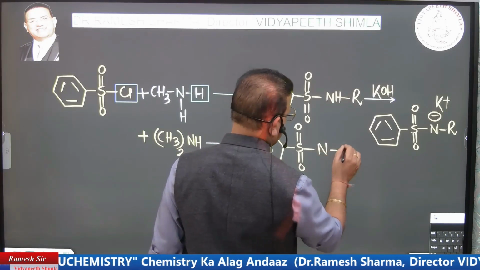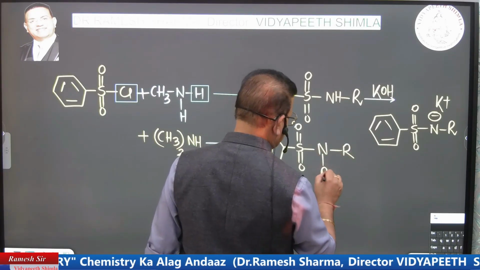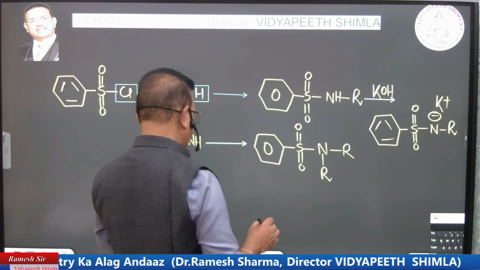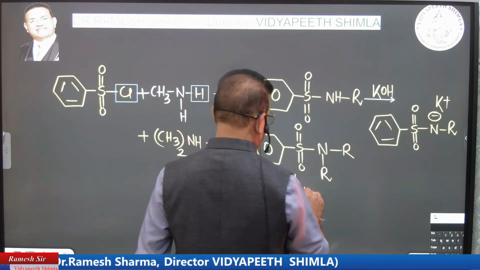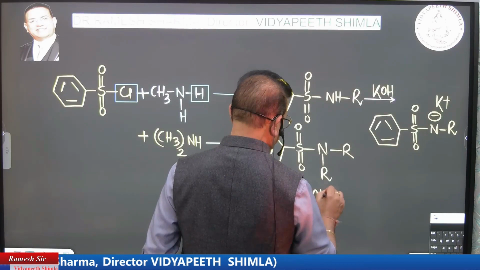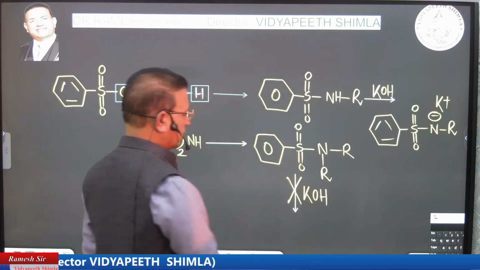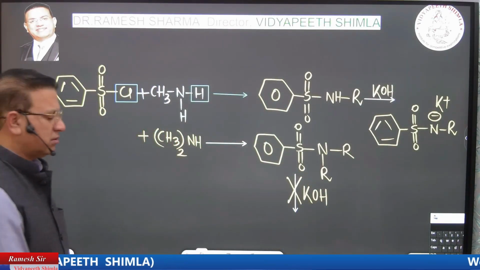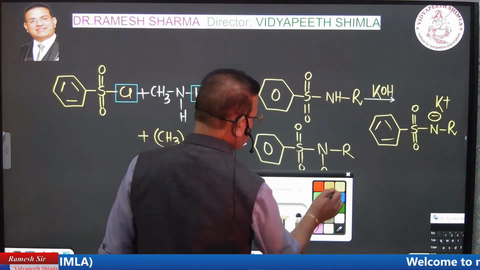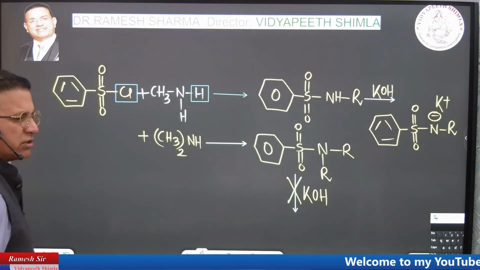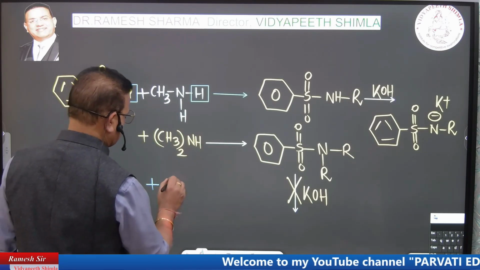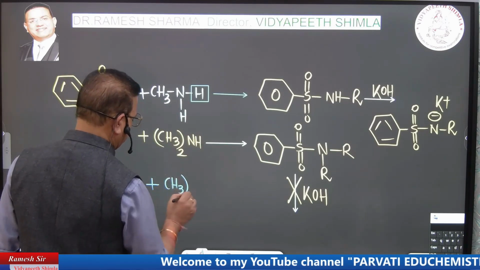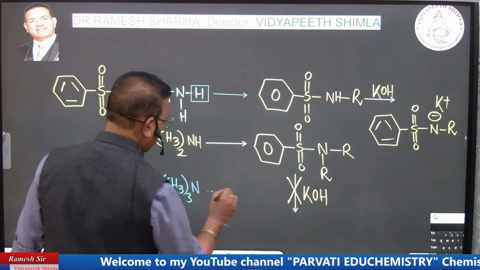This, and this, that is an N,N-dialkyl sulfonamide, which when added with OH, there is no reaction. However, if this is tertiary amine, even the first step will not occur.